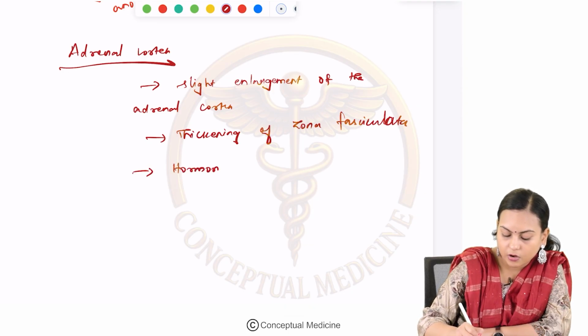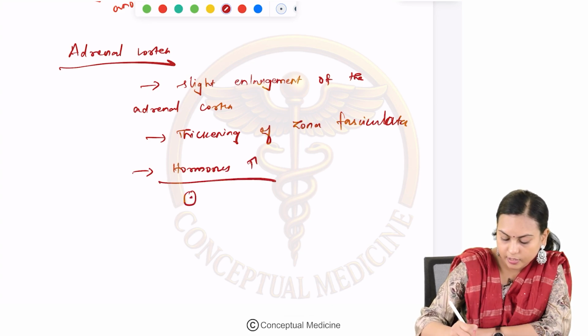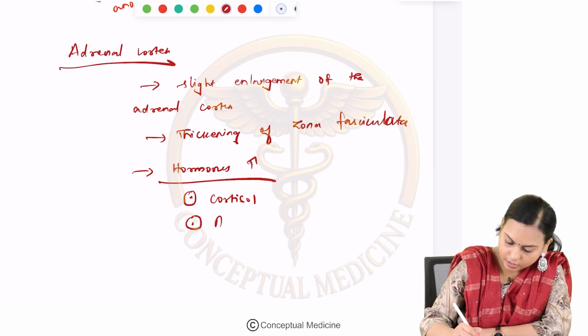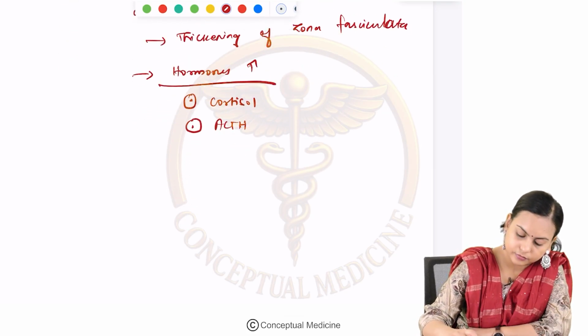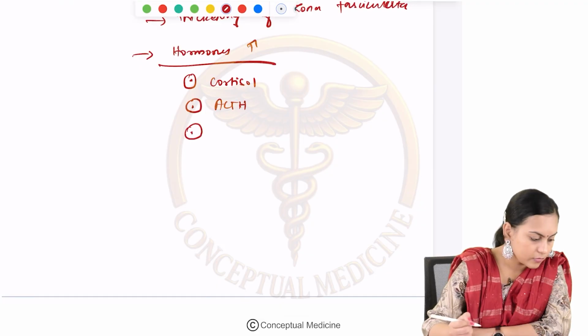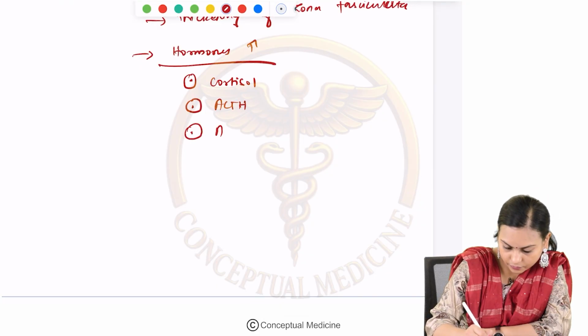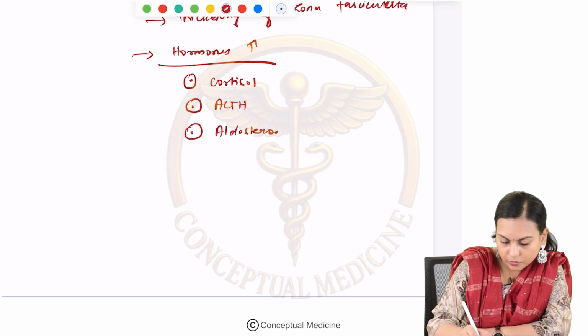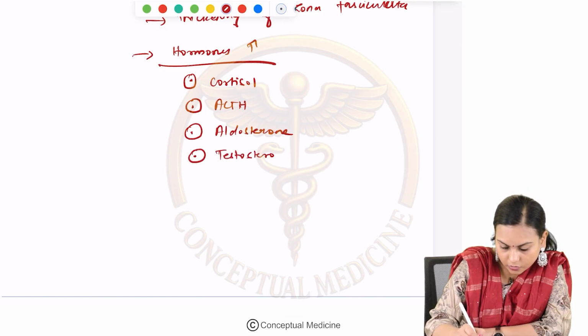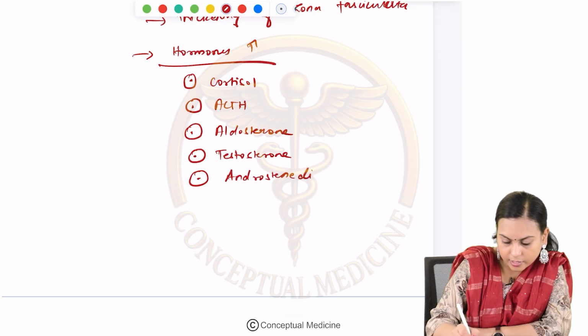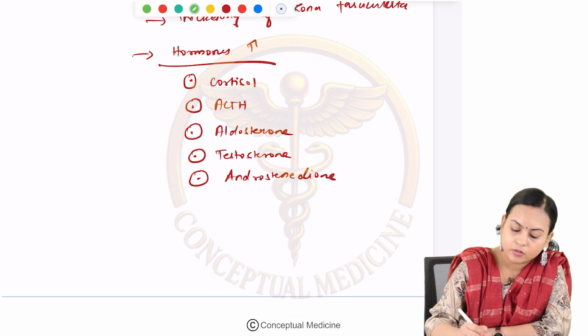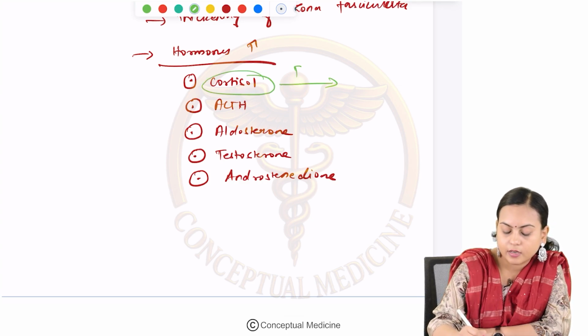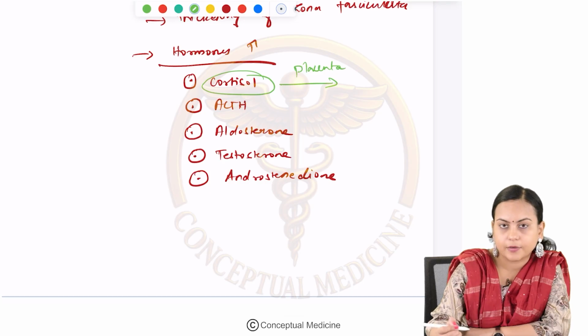Hormones are increased, especially the cortisol, ACTH, aldosterone, and to a minor levels testosterone and androstenedione also. Now, cortisol is a hormone that can travel to the placenta.